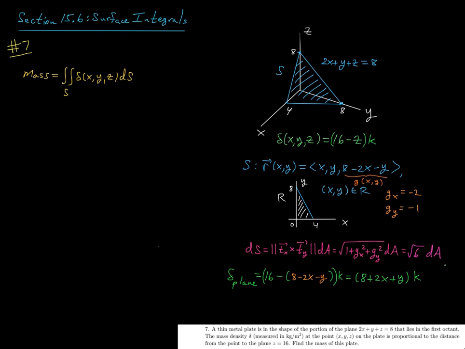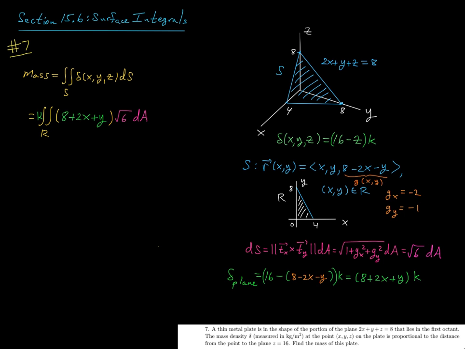That's pretty nice. Then if I want to evaluate my mass density along the plane, given that delta is just k times (16 - z), I'm going to replace z with this expression g(x, y). So I get 16 minus the quantity 8 minus 2x minus y, with the constant of proportionality k there. This simplifies to k times (8 + 2x + y).